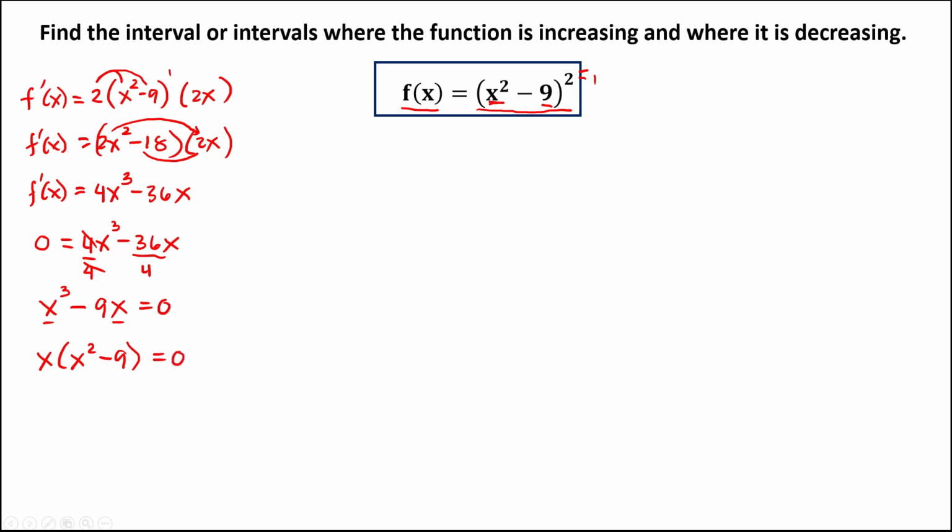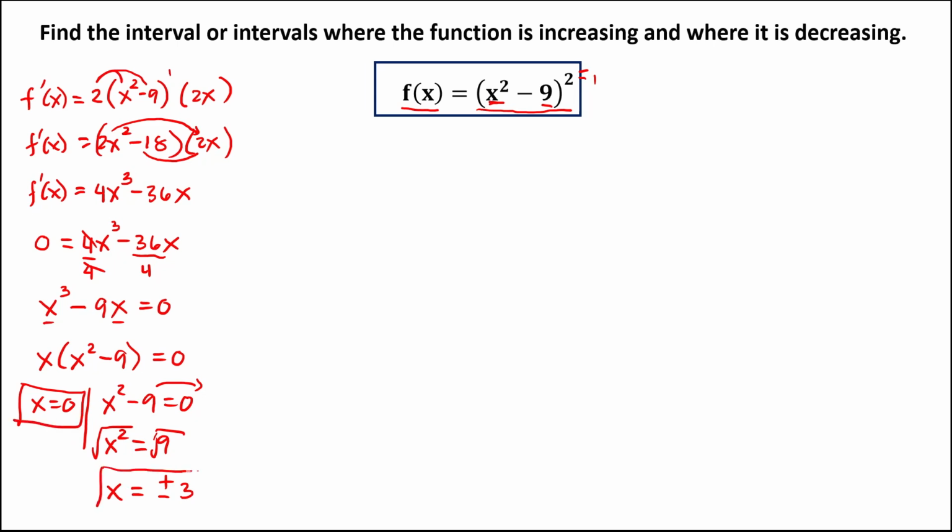To solve for x, we have x equals 0, and the other one, x squared minus 9 equals 0, so x squared equals positive 9. Then take the square root, so x equals positive and negative 3. So we have these three values for x: 0, positive 3, and negative 3.